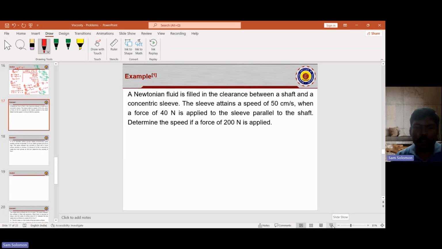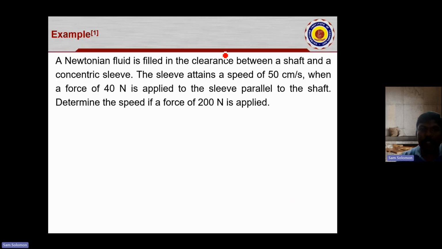Welcome back. We will continue with our problem solving on fluid viscosity. We have a problem here which states a Newtonian fluid is filled in the clearance between a shaft and a concentric sleeve. We have already seen this in one of the problems.